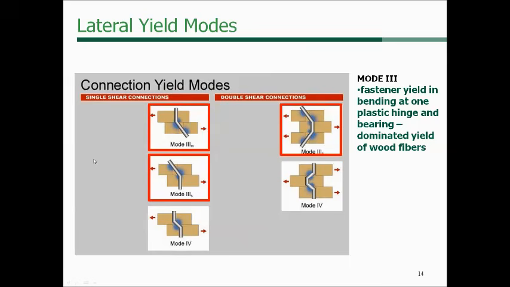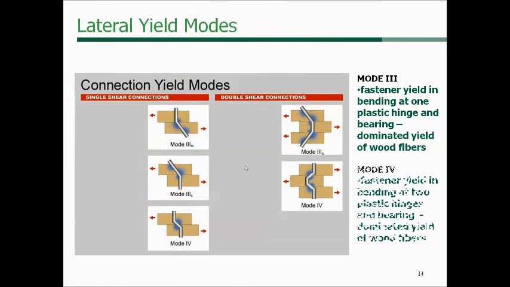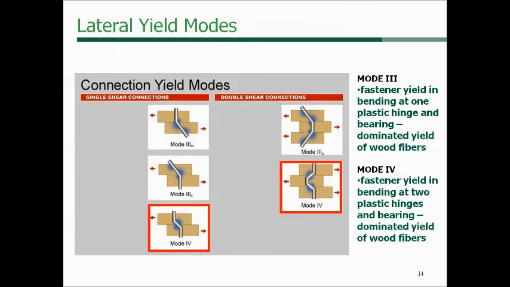And so for mode 3M, you've got that hinge forming in the dowel as it rotates through the main member. Mode 1S, you've got that hinge forming, a single hinge, as it rotates through the side member. And again, that bears out for double shear connections in this way, and you can see it graphically. When we get to mode 4, then it's almost purely a fastener yield driven connection.